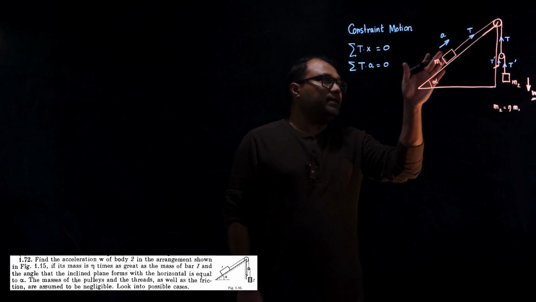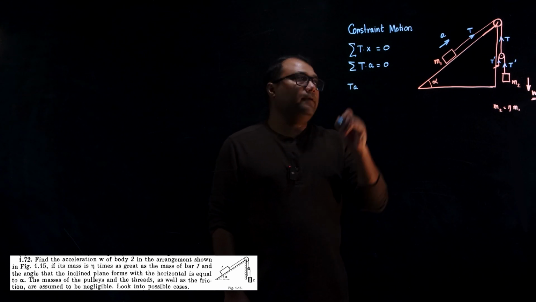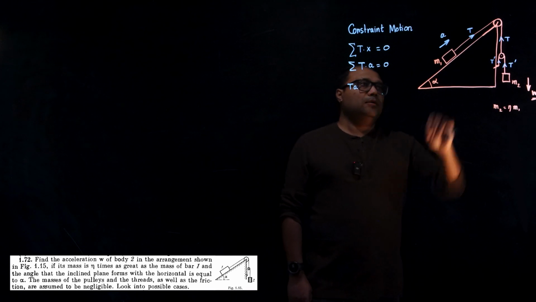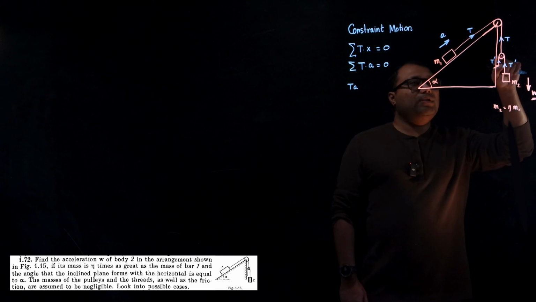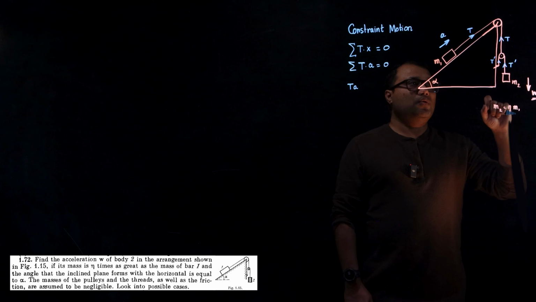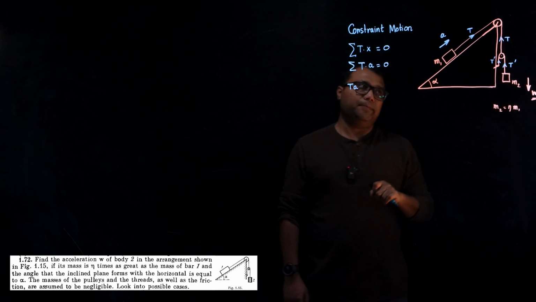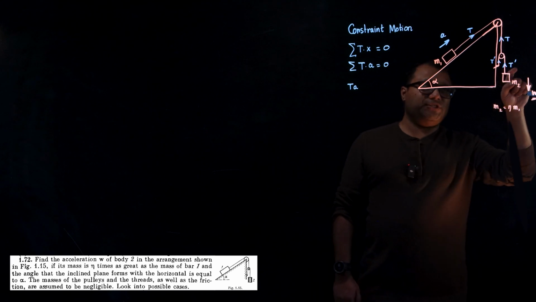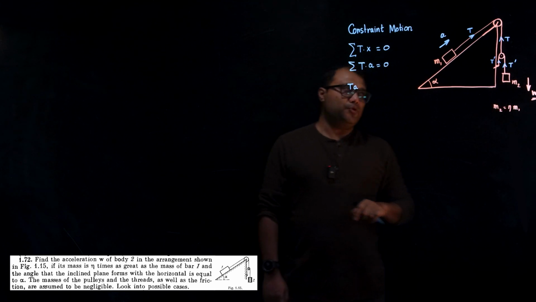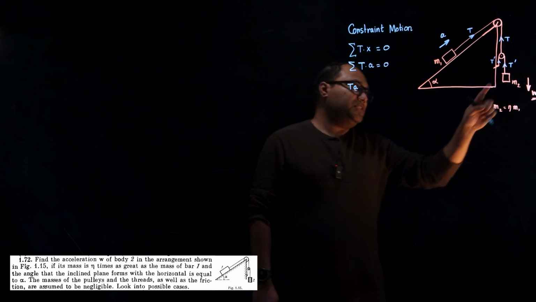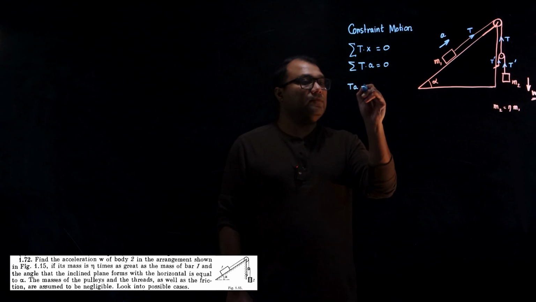T is this way, acceleration is that way, so both are positive. So, Ta is this way. Now, this pulley has mass 0, so this tension does not do any work on the pulley. However, this T dashed does some work because it is pulling up M2. But since T dashed is this way and W is the opposite way, this term will be negative.